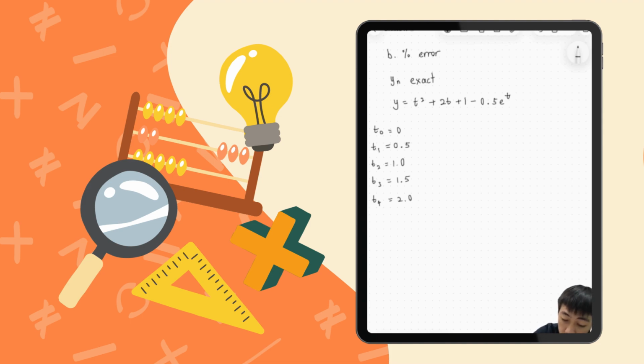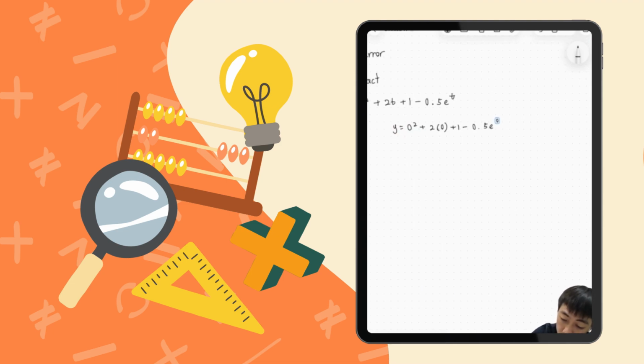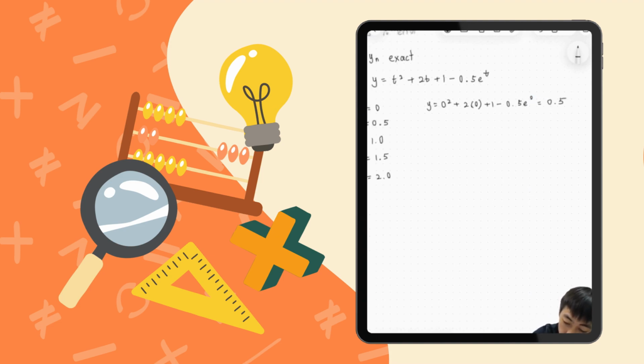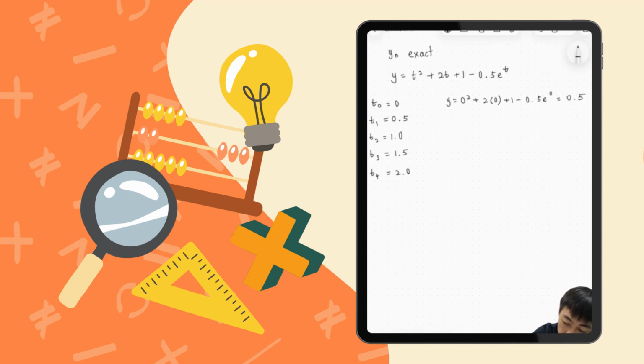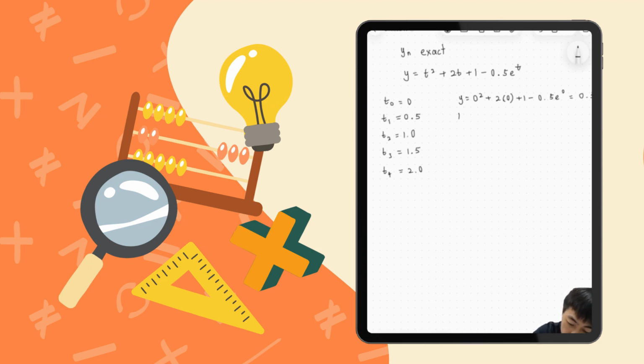And we substitute the t into the solution. First, y equal to 0 squared plus 2 times 0 plus 1 minus 0.5 e to the power of 0. So we get 0.5. For t1, we get 1.425639.